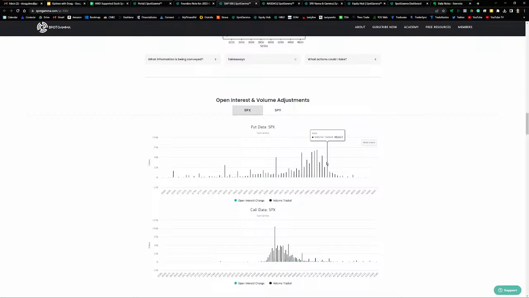So this highlights the difference in the total volume versus changes in open interest, which would indicate that there was a great amount of volume yesterday, but the vast majority of it was in 0 DTE options. And I think that has contributed to the lack of change in levels, because traders are just trading 0 DTE options, and there's no significant change in open interest.